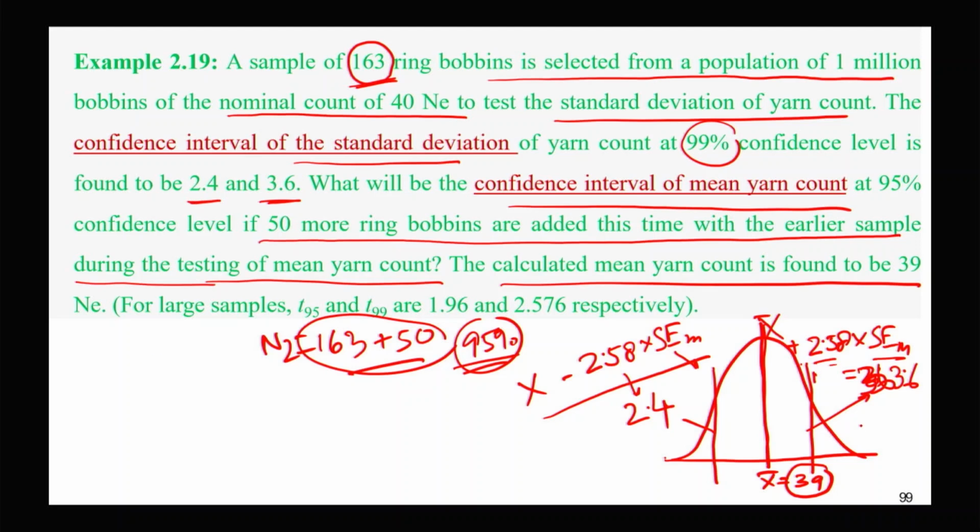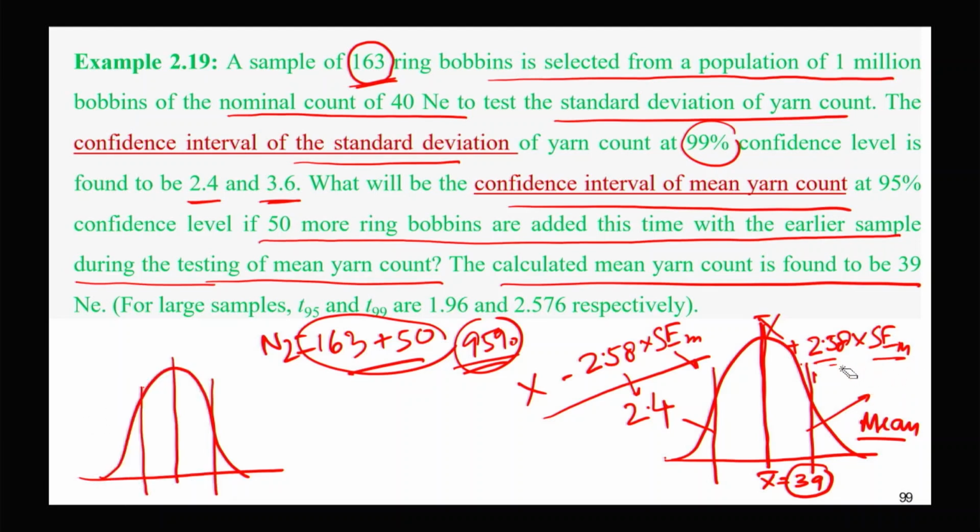So this is for mean, and for standard deviation let us draw again a new one. Here it's directly given. So, what we have done, it was a little bit wrong. This is, let us consider, for mean.